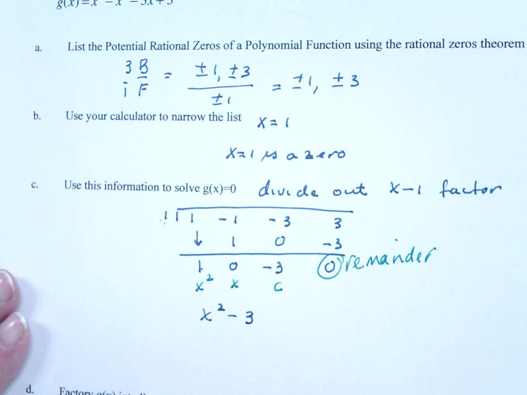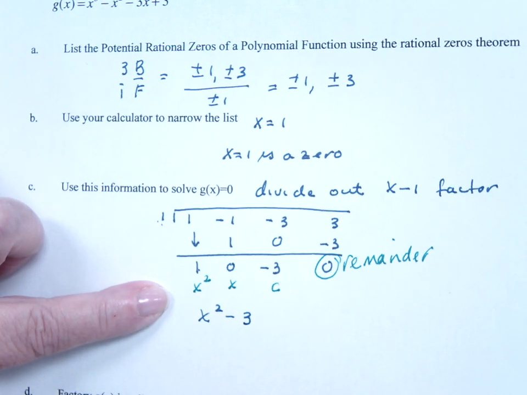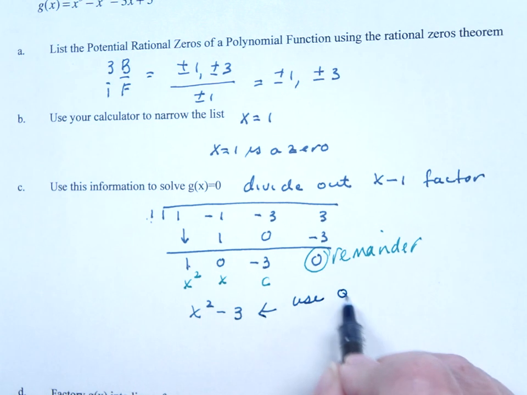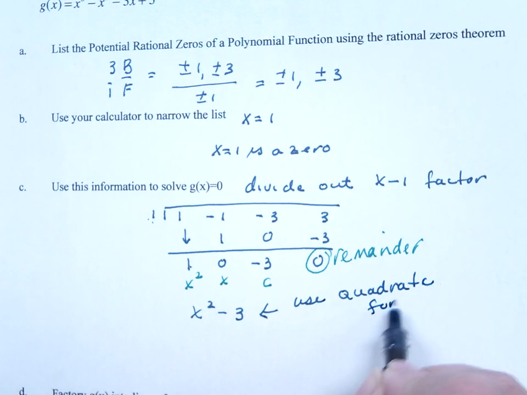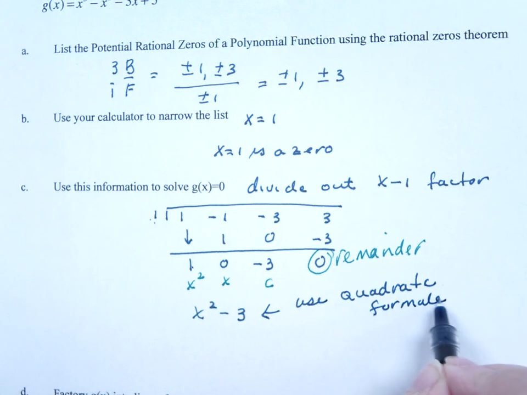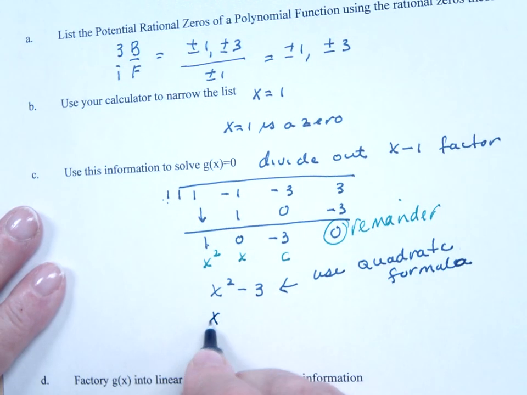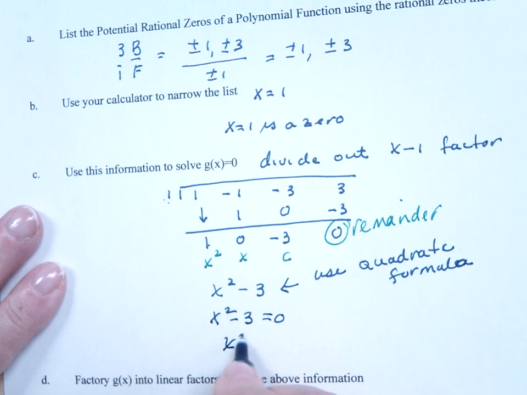I don't have any other zeros I can divide out. If I had another zero, I'd divide it out, but I don't have another zero. However, this is a quadratic. I can use the quadratic formula to get the other 2. Or in this case, I can say x squared minus 3 equals 0. x squared equals 3.